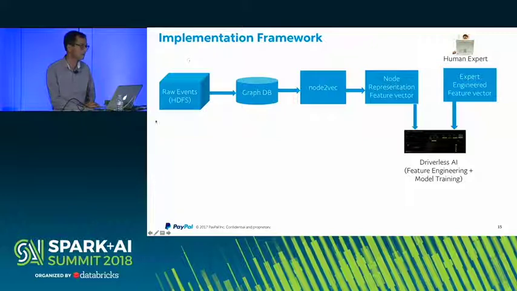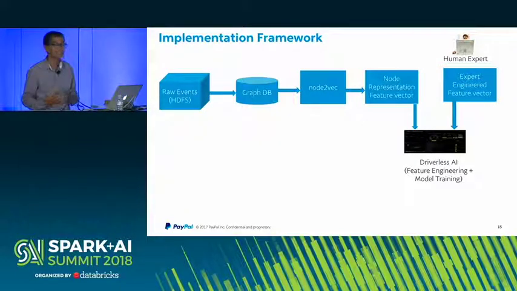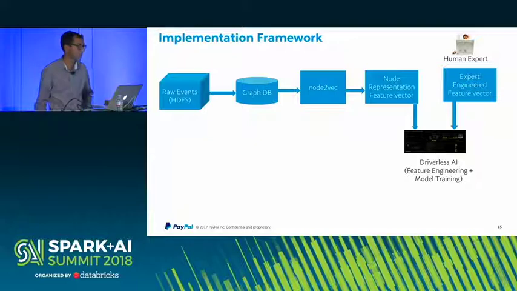We have all our data in HDFS. If you want to learn a representation from a graph, you need to have the data in consumable form, and HDFS is not conducive to applying large-scale graph computing algorithms.